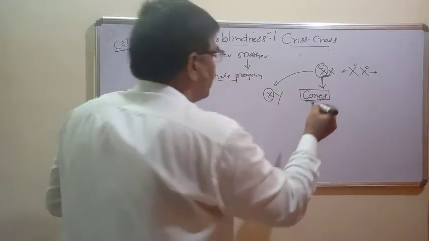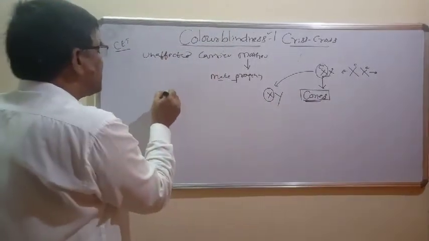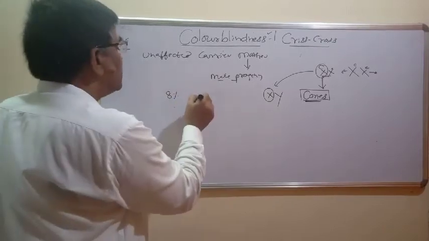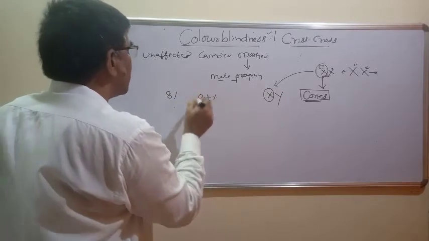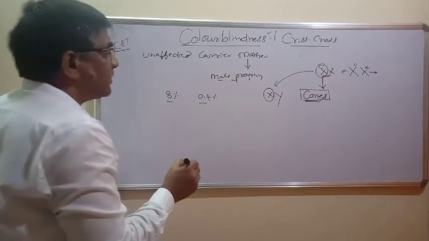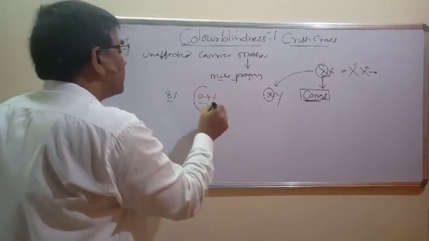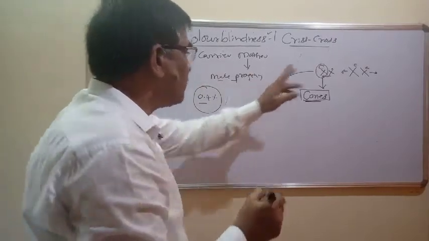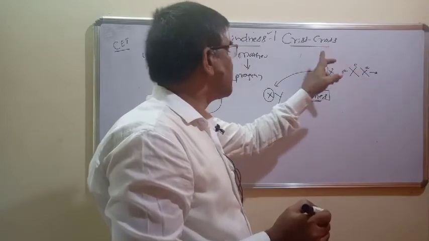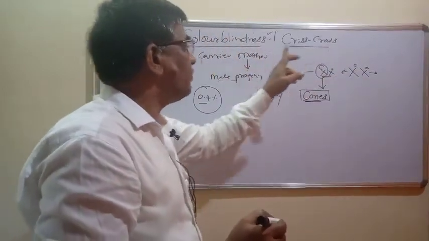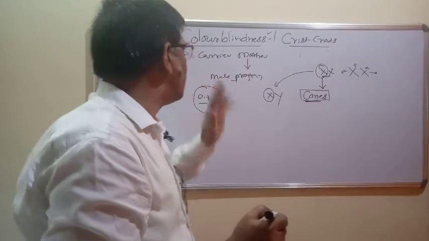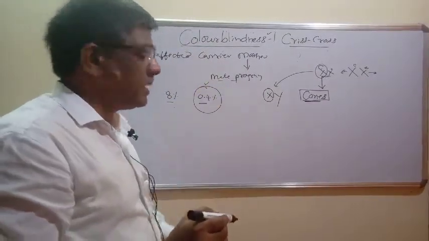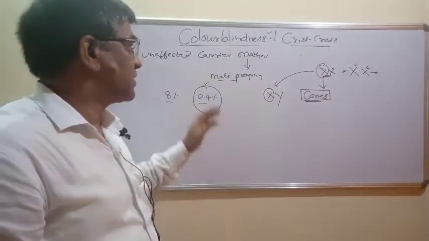About 8% of males are colorblind, and only 0.4% of females. Why is the percentage so low in females? Because for a female to become colorblind, at least her mother must be a carrier and her father must be colorblind. Therefore, the percentage of colorblind females is very, very low.